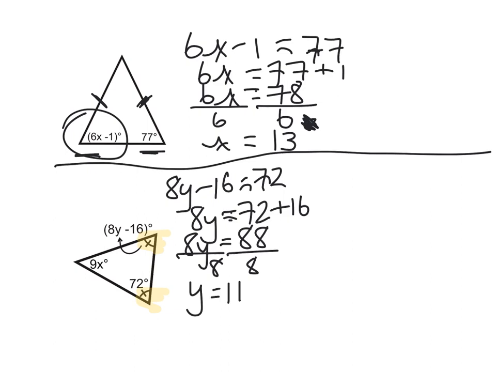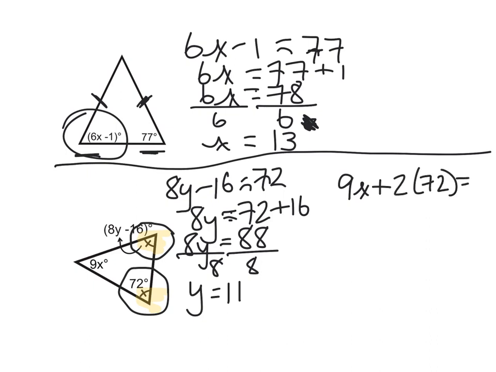I can solve this a few different ways, so I'm just going to solve it this way. I know that this equals 72, which means therefore that equals 72. So I'm going to say 9x plus 2 groups of 72 is 180. Okay, so we're using those properties, but we're doing this in a different way because we're actually solving for the variable. So 2 groups of 72 is 144.